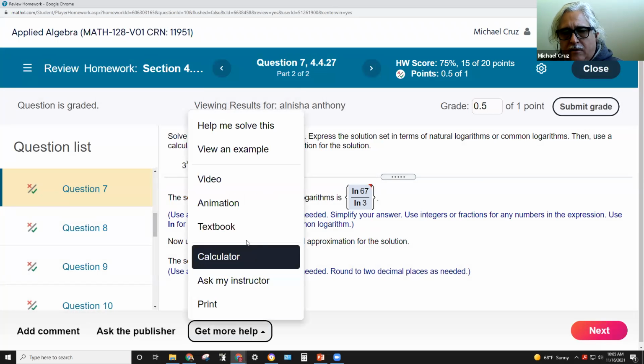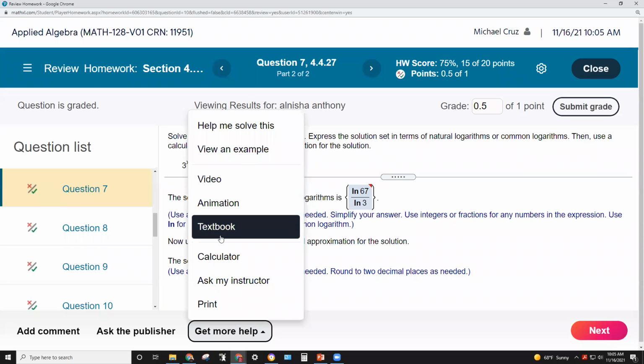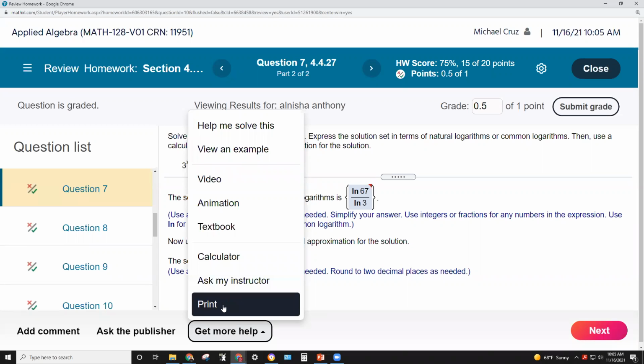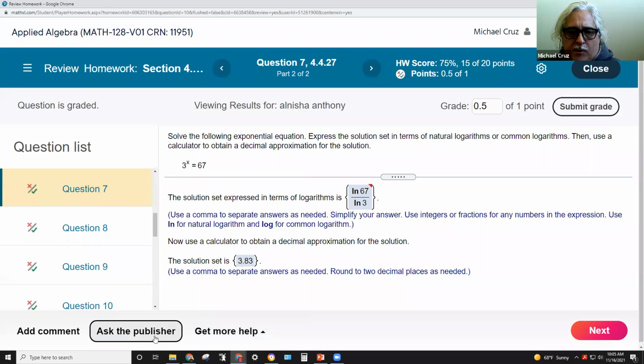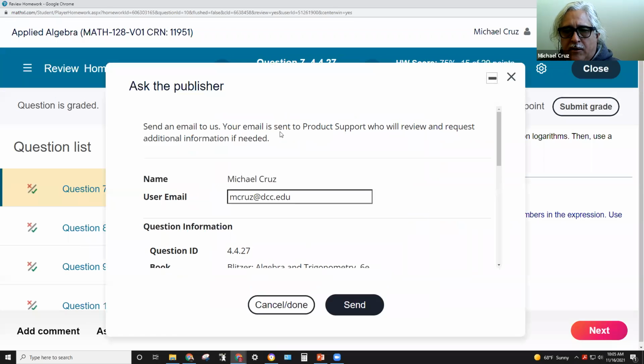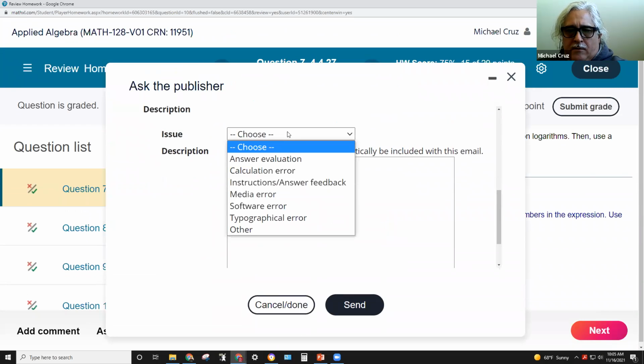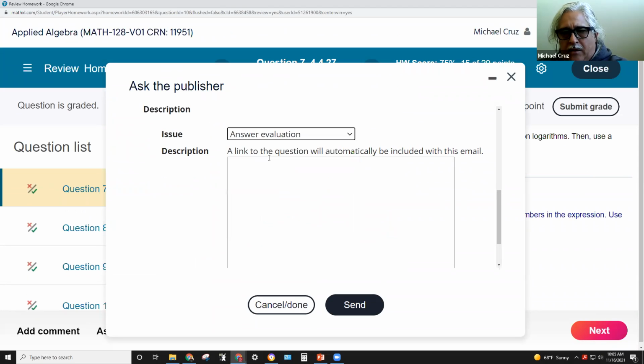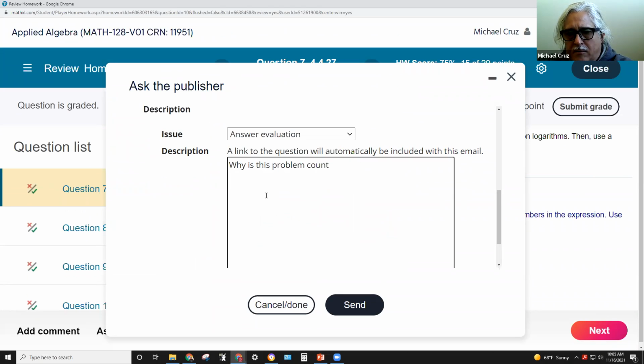Just do this. Where's the thing at? Oh, ask publisher. Just put in there, why is this problem wrong? My teacher doesn't see an issue. So do that and then see what they say.